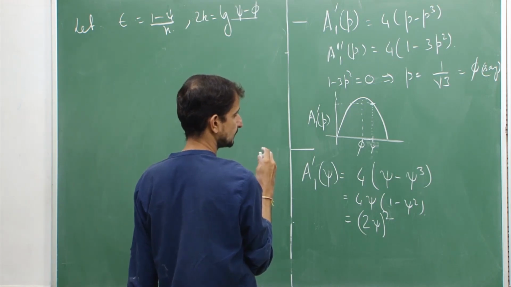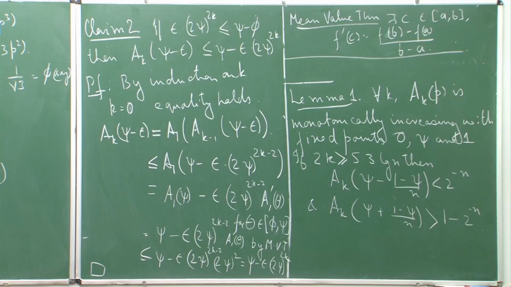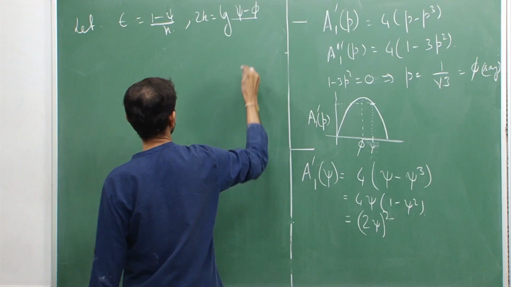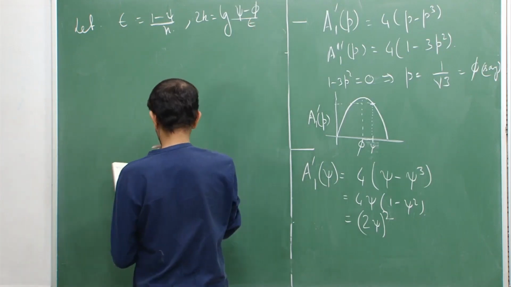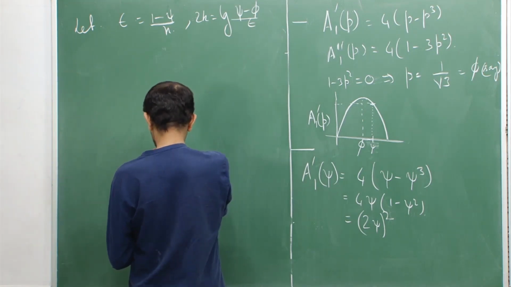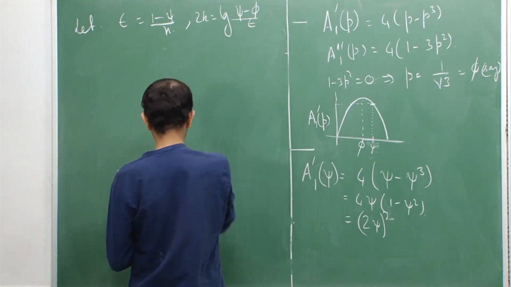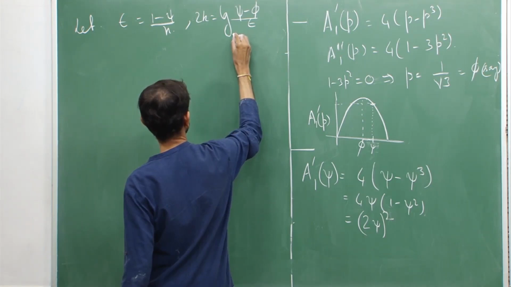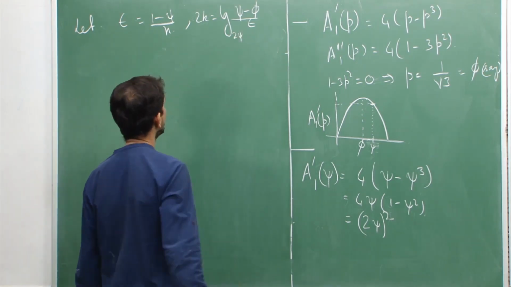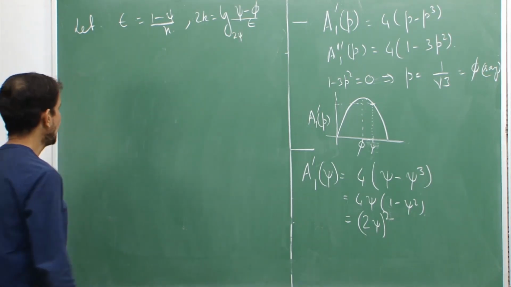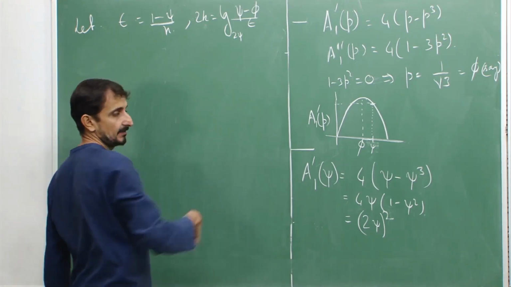Is this correct? Phi minus psi divided by epsilon to the base 2 psi. And k is a variable for us.